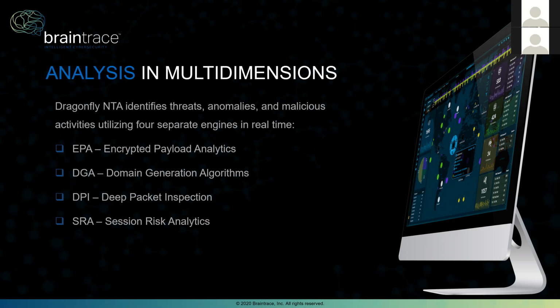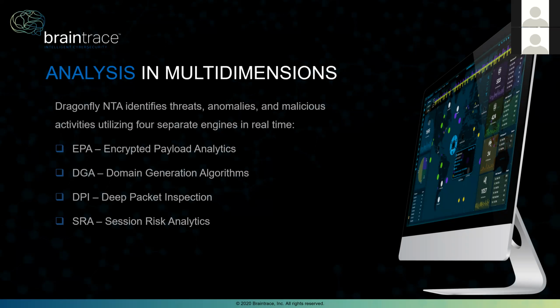That's where you bring in your threat intel and plug it in and hope that you've got the right IOCs. From the DPI engine, we take that and all the metadata that we're collecting, and we push it through another engine called Session Risk Analytics, SRA. What that does is it's a simple table of logic that says if this piece of metadata is between this value and this value, we're going to up the risk.